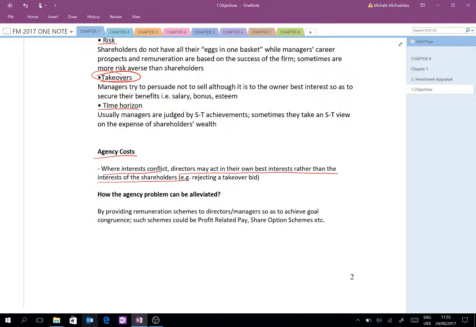So are there any ways that we can reduce this conflict? The answer is yes. We can achieve that by providing to our directors, managers remuneration schemes so as to achieve what we call goal congruence. And these schemes could be either profit-related pay or share option schemes.